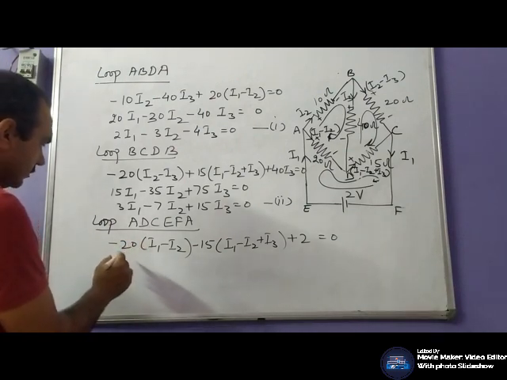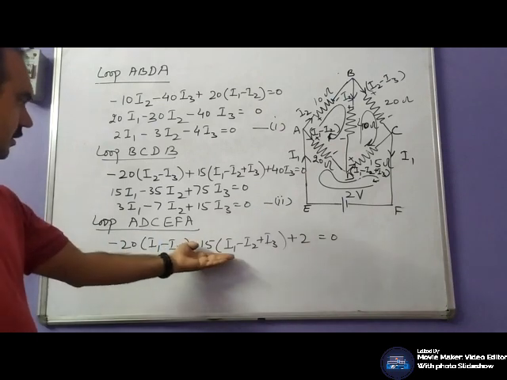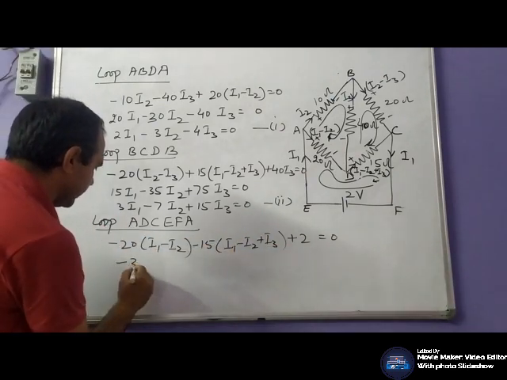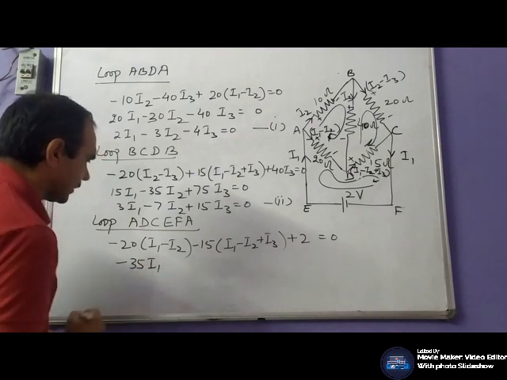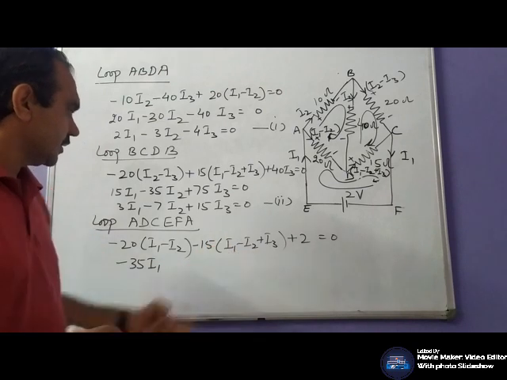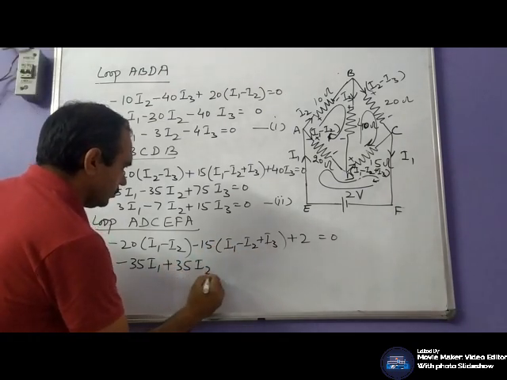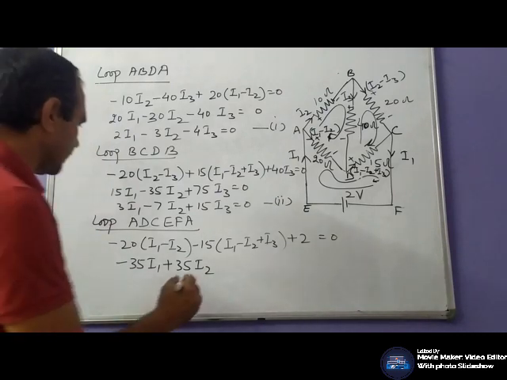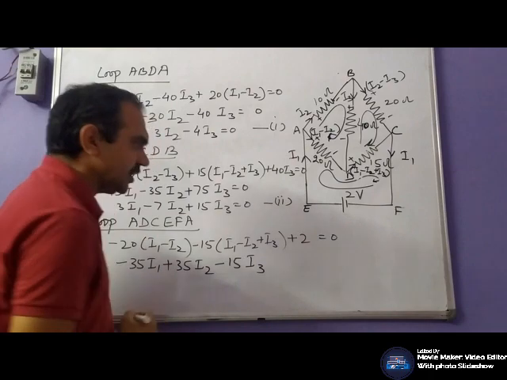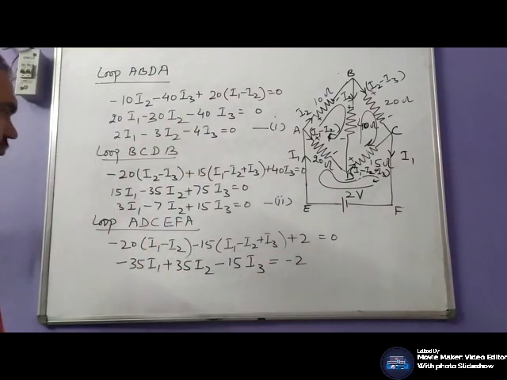So what would it be? Minus 20 minus 15, minus 35 I1, I2 20 plus 15, plus 35 I2, minus 15 I3 is equal to minus 2.